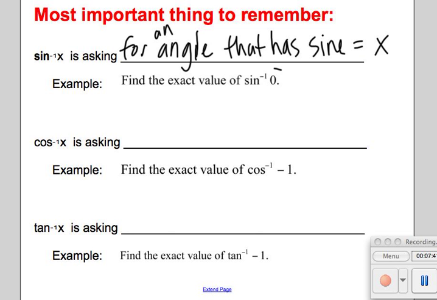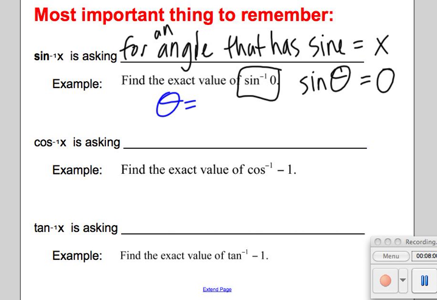So this is saying what angle, so sine of some angle theta is 0. It's asking for where the sine is 0. Now again, we want to keep in the range, so from negative pi over 2 to pi over 2, where is the sine 0? That should only occur one time in that range. And the answer for theta is that it equals 0 degrees, or 0 radians. At 0, the sine is 0.